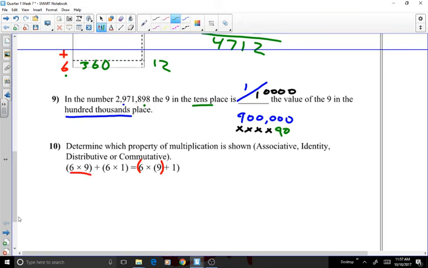And then we busted this one up into 6 times 1. And then we add them together. That's distributive, guys. When you break a number apart. That will help you as you continue your homework this week.